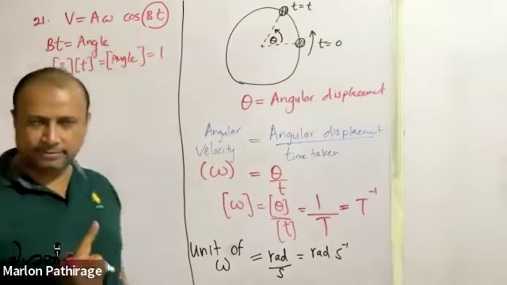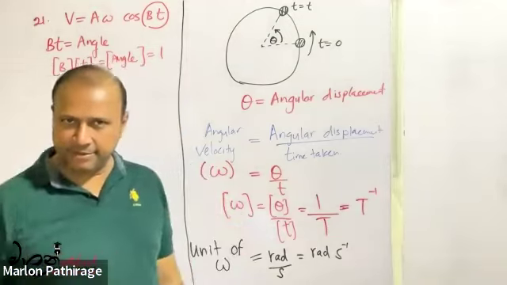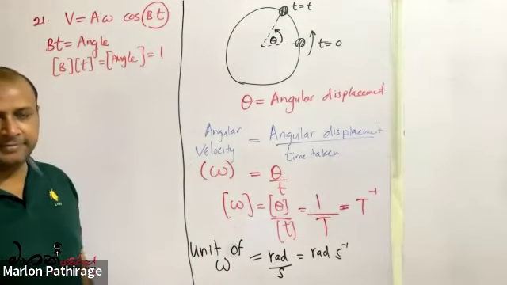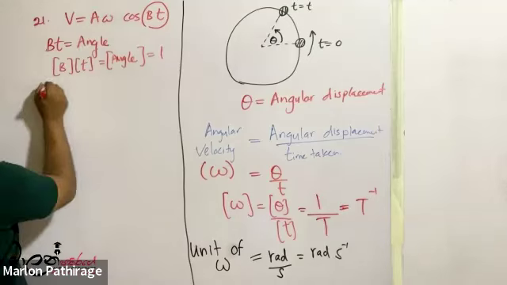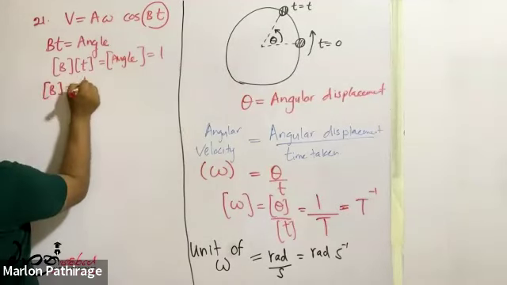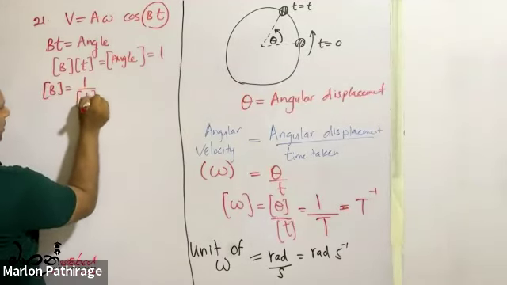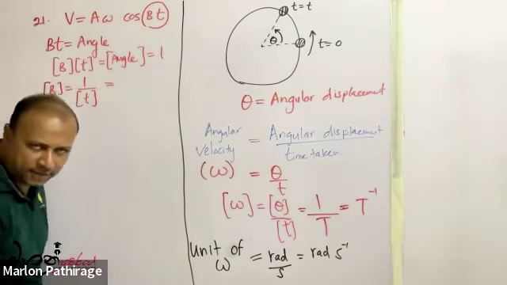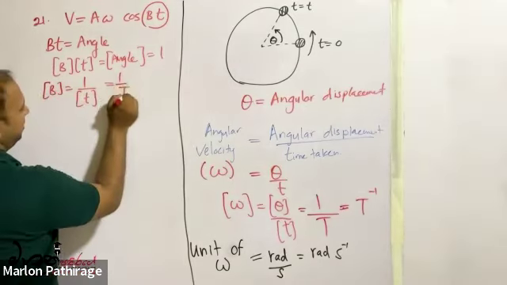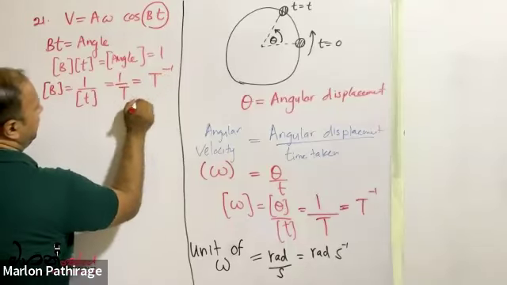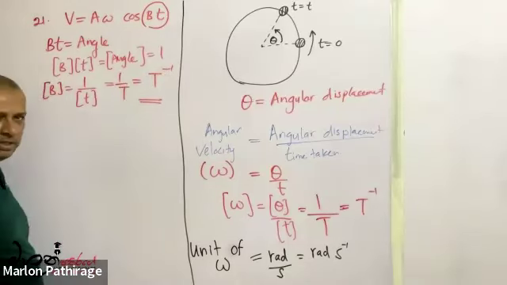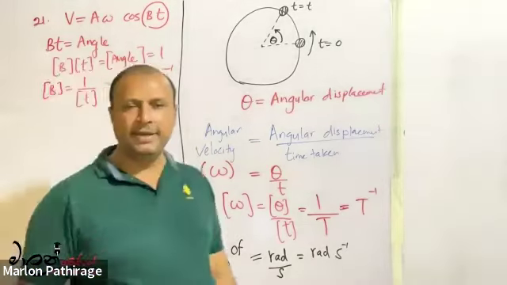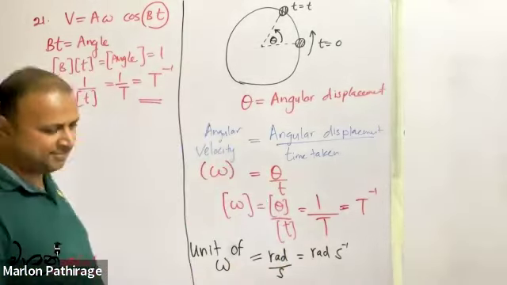Is that clear? Then, therefore, dimension of B is equal to 1 over dimension of time. Therefore, 1 over T. Therefore, answer is T minus 1. Therefore, dimension of B is equal to T minus 1.